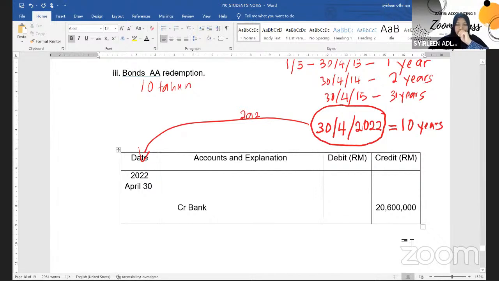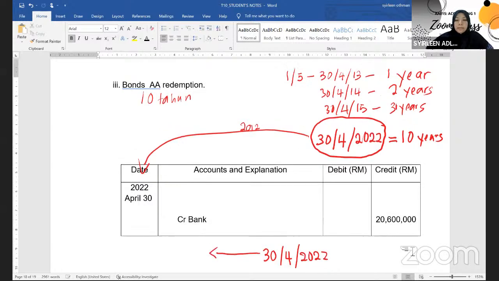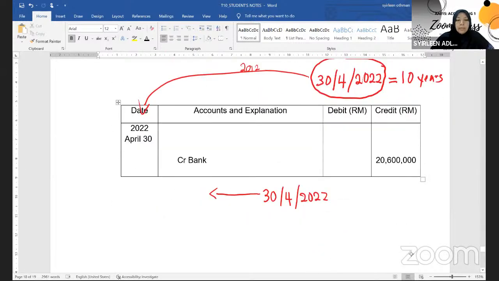Okay, we are back to, because now we are at 30th of April 2022. Okay, you must remember, 6 months prior, you have to pay interest every 6 months.